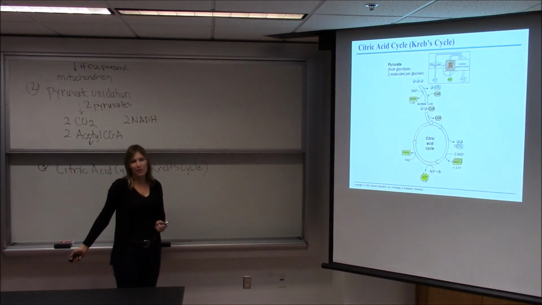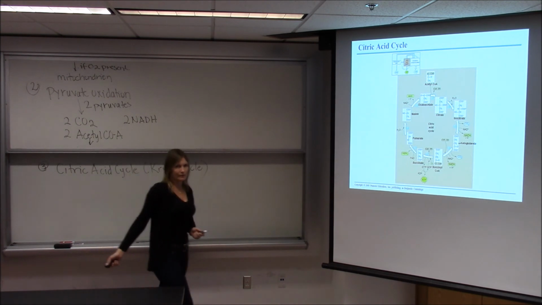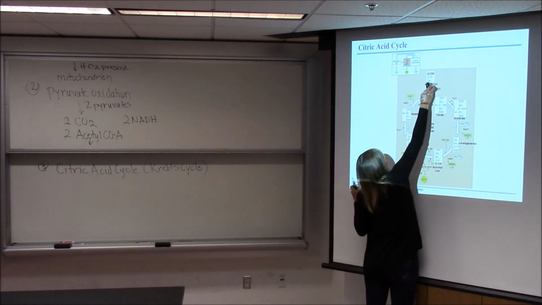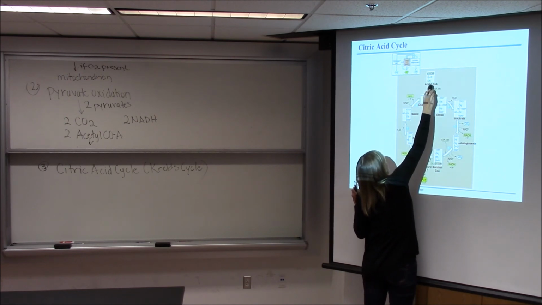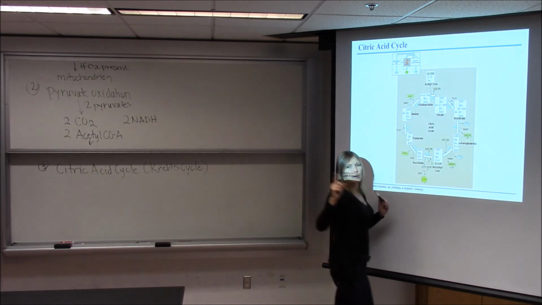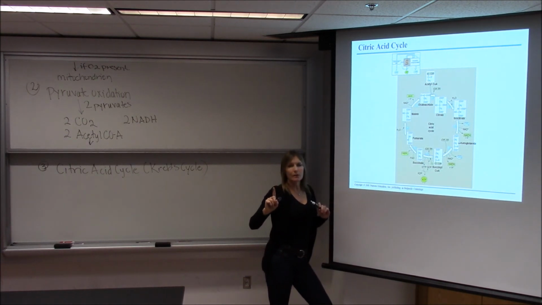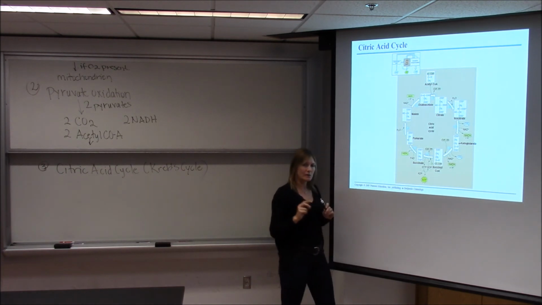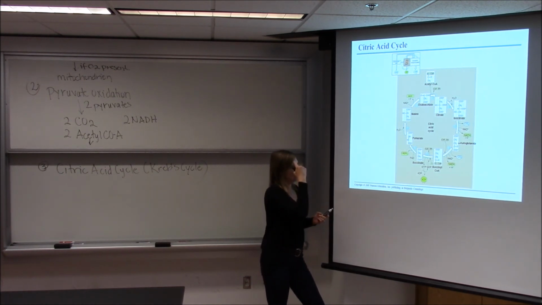Again, you don't need to know all the details of the citric acid cycle. Here are the details. You do not need to know this level of detail. You need to know we start with two 2-carbon molecules called acetyl-CoA. And each one of those is going to go through this. So for the one glucose we started with, we're going to go through this twice because we have two acetyl-CoA that enter the cycle.